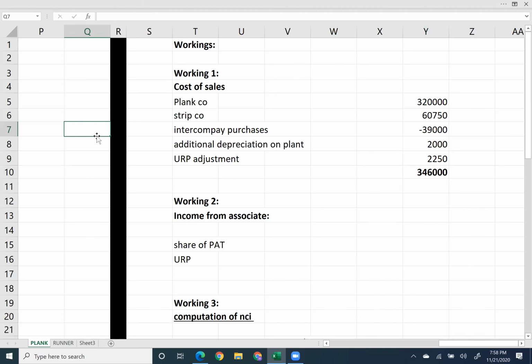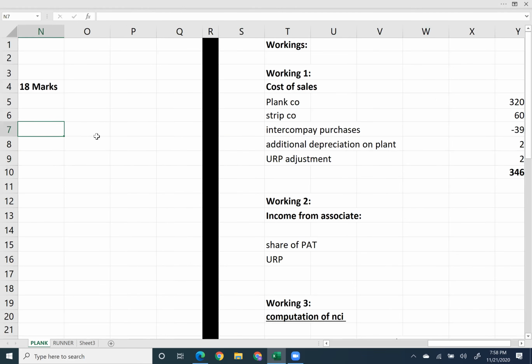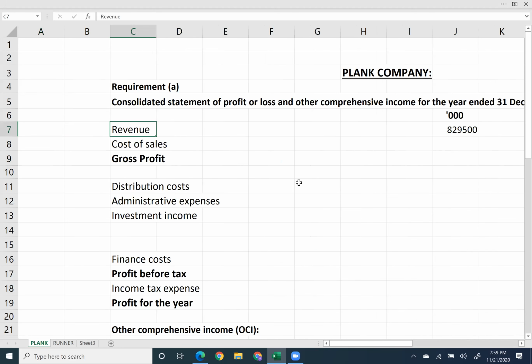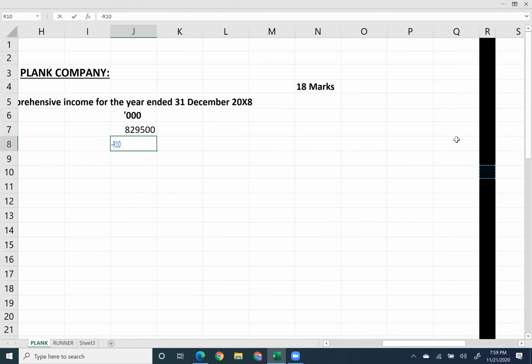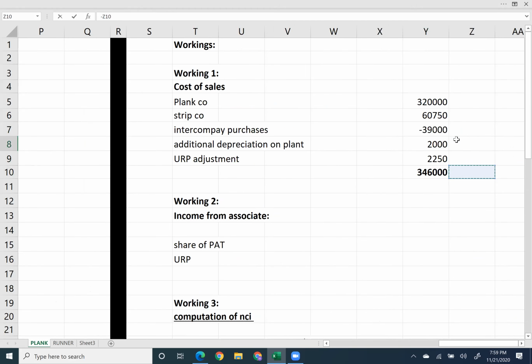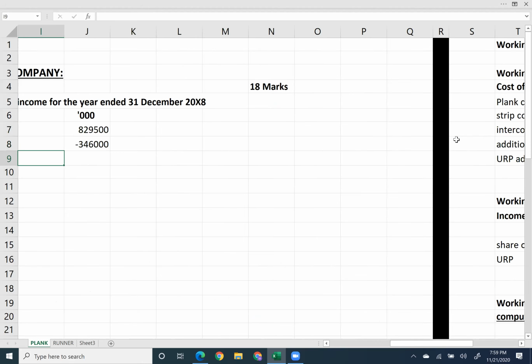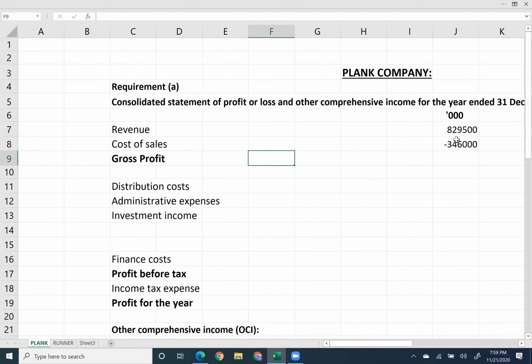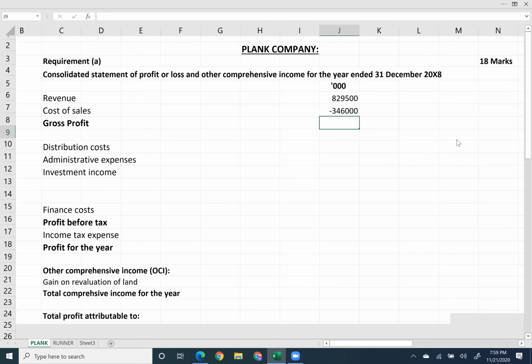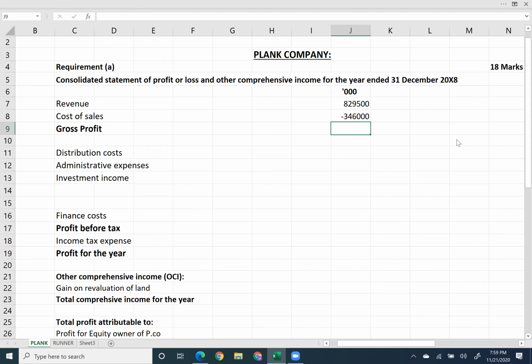Let's take this cost of sales in the main format. Now let's connect it, 346,000. Okay. So see this. See the screen, please. Your sales is 829,500.